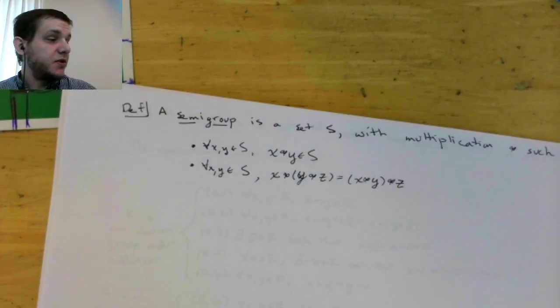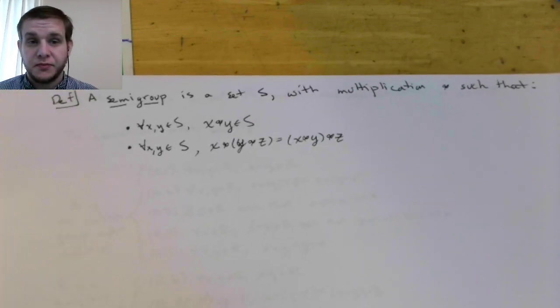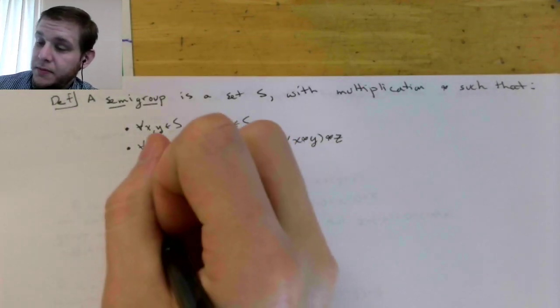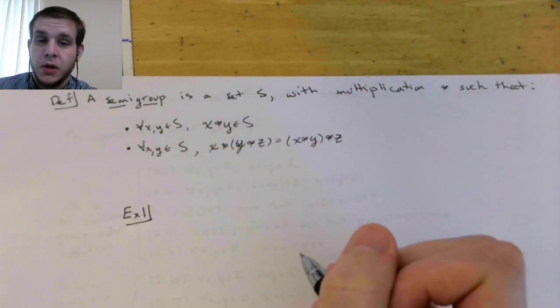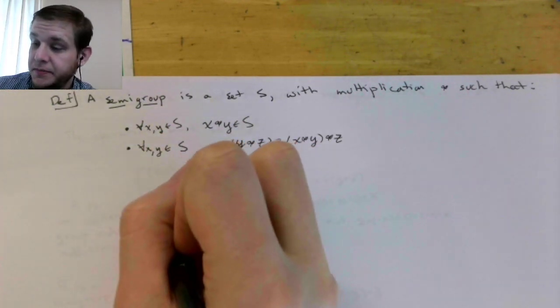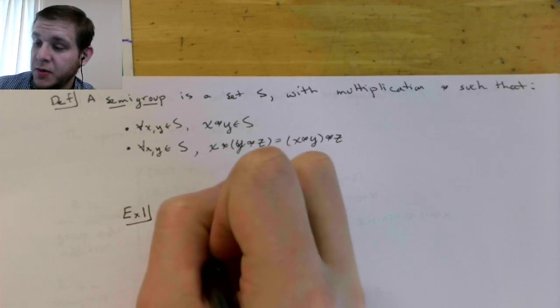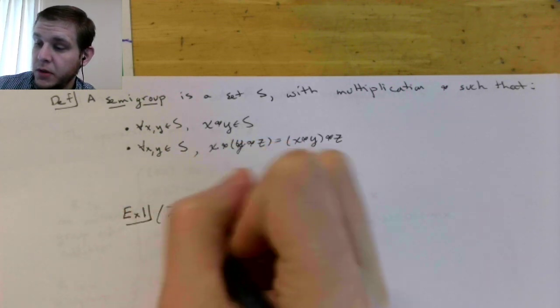So what are some examples of semigroups? Well, the set of integers with multiplication is a semigroup.